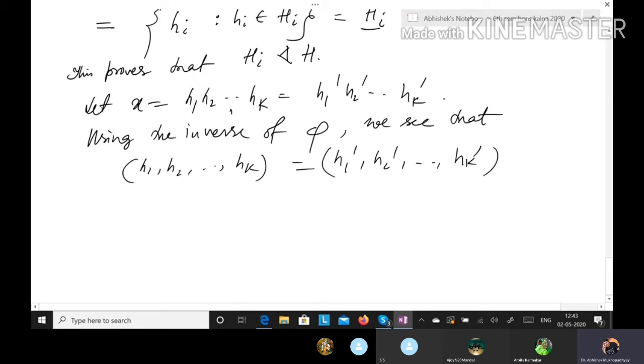Now since these are ordered pairs, h1 must be h1 dash, h2 must be h2 dash and hk must be hk dash.